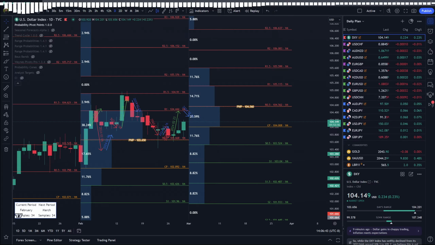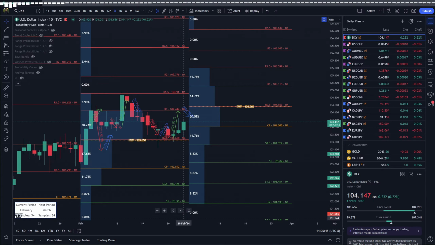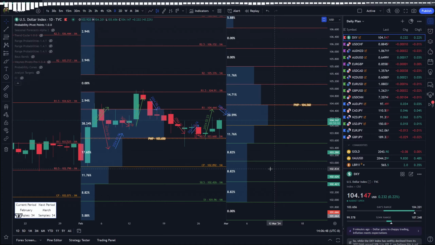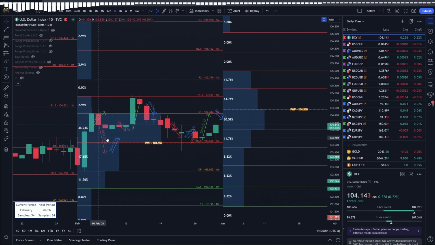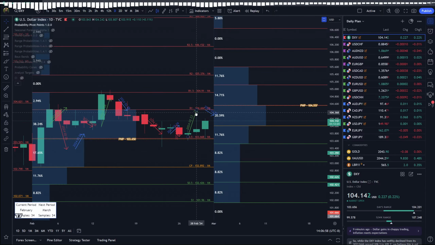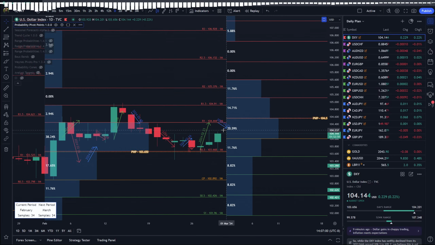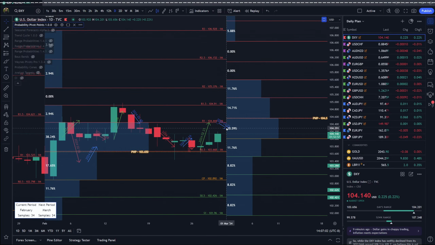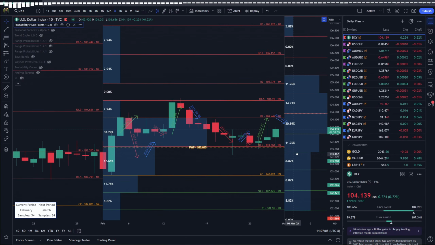So let's get this show started with the DXY. We had pretty good expectations week by week, just as a review of what's happened so far on the DXY. We really ramped up, almost hit that expectation up there. It looks like we're going to close in proximity of where we expected this week to close.